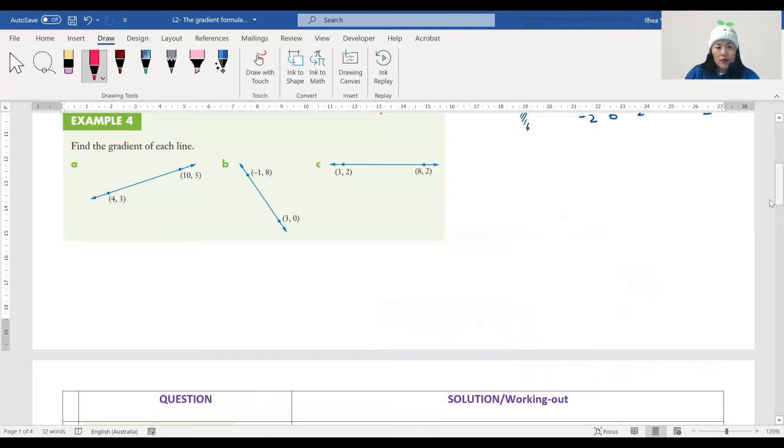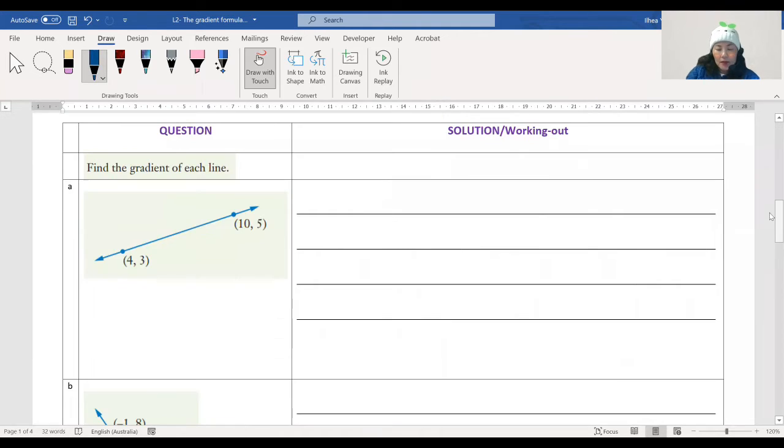All right, so find the gradient of each line. We've got 3 lines here, and I'm going to find the gradient for each one of them. I'm going to put my formula here to remind myself: m equals y2 minus y1 all over x2 minus x1.